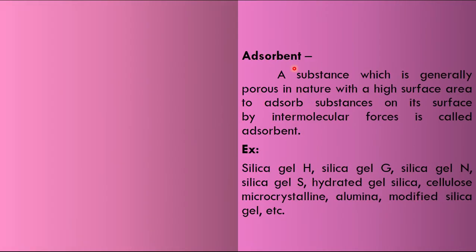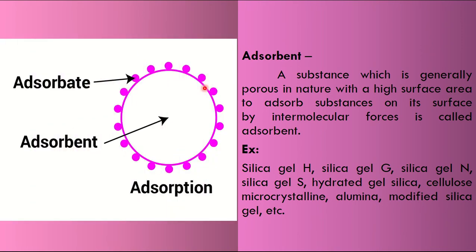Adsorbent is a substance which adsorbs the substances. See here, it provides large surface area for the adsorption process, and also it is very porous in nature. So adsorbent is a substance which provides the area for the adsorption process, whereas adsorbate is the substance which is attracted by the adsorbent, which adheres to the surface of the adsorbent, and the process is known as adsorption.